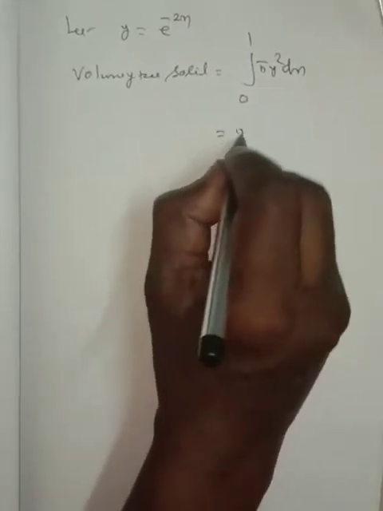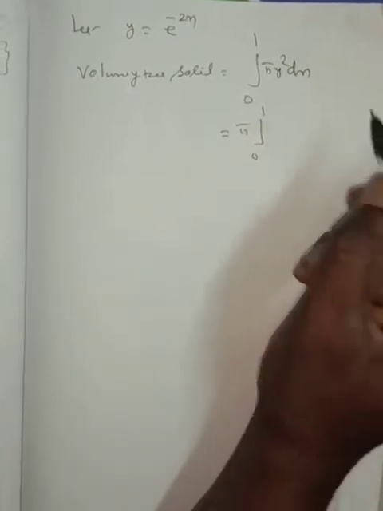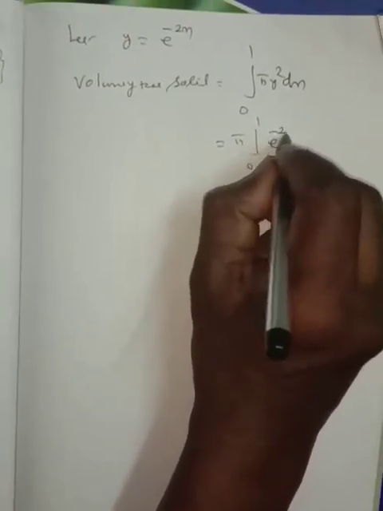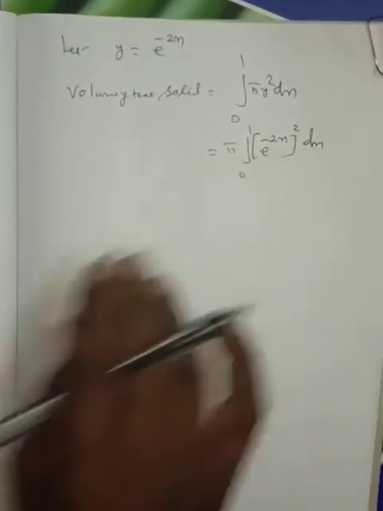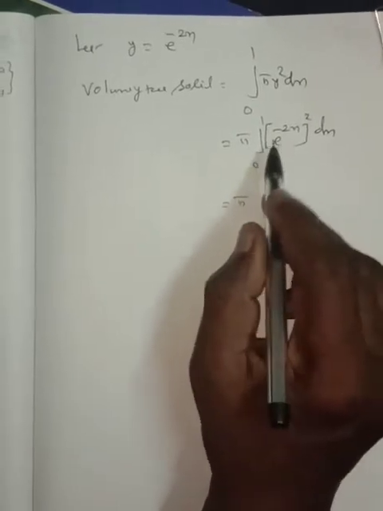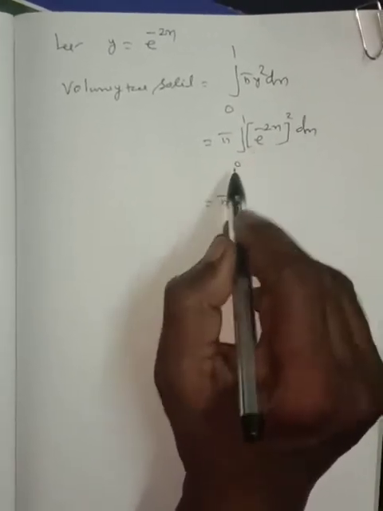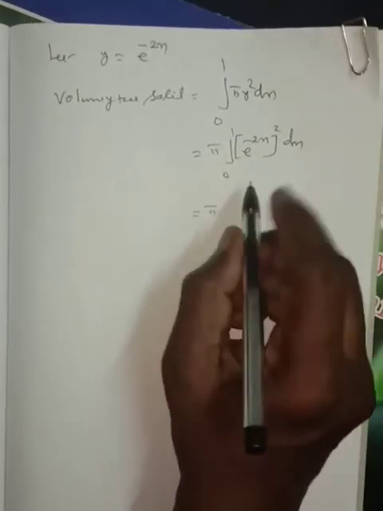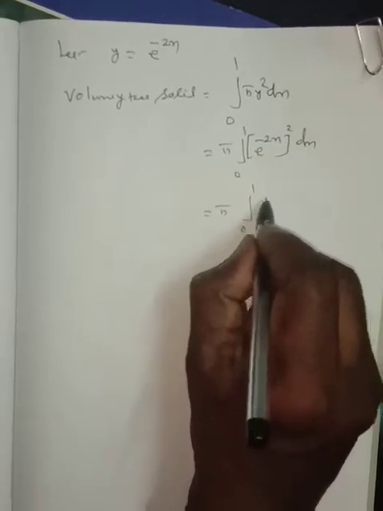Pi is a constant number outside the integral from 0 to 1. Pi times the integral of (e to the power of minus 2x) whole squared dx. (e to the power of minus 2x) squared means e to the power of minus 2x into e to the power of minus 2x, adding the powers gives e to the power of minus 4x.